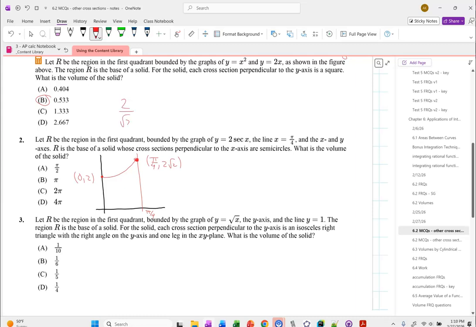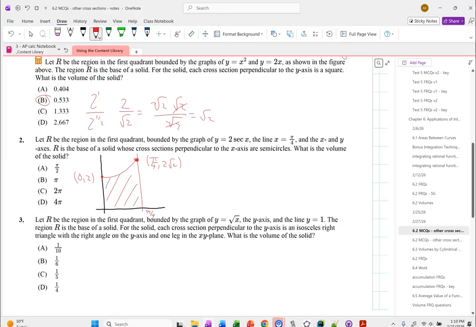But 2 over root 2 is like root 2 times root 2, right? Is that okay? Or you can think about it as like 2 to the first over 2 to 1/2, and you subtract the exponents. Think about it that way if that's easier for you. Either way is fine. Does that look good? Okay. So this is my solid, right?